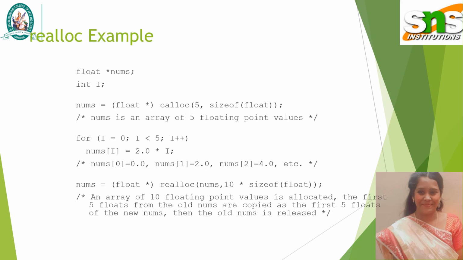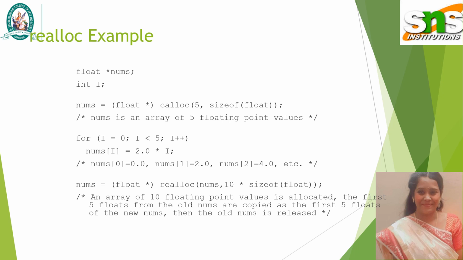The next one is realloc. Realloc is a function that stands for reallocation, used to resize a previously allocated memory block. The syntax of realloc is void star realloc, pointer, size_t new size, where pointer is the previously allocated memory and new size is the new size of the memory block.